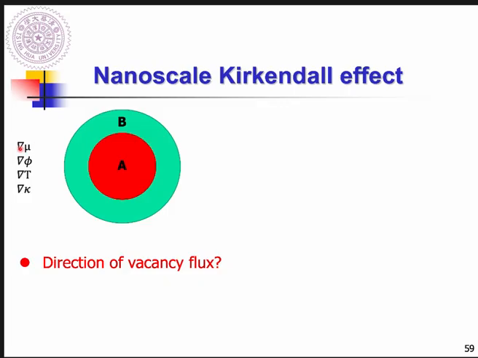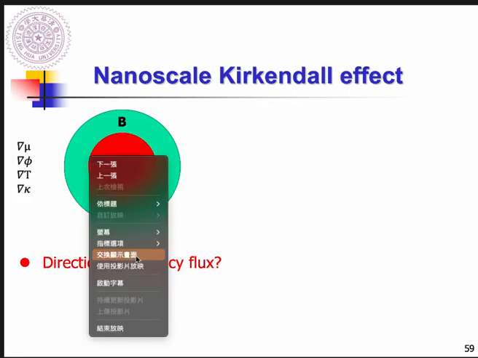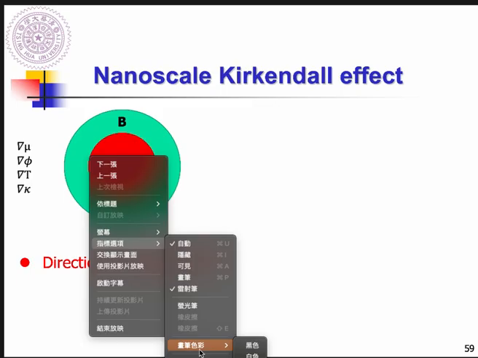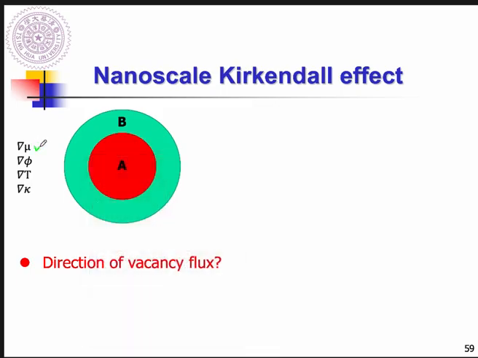The first one: do we have a chemical potential gradient? Yes, because you have A here and B here, the concentration is different, and the concentration distribution is different, which demonstrates that this material is an inhomogeneous chemical system.